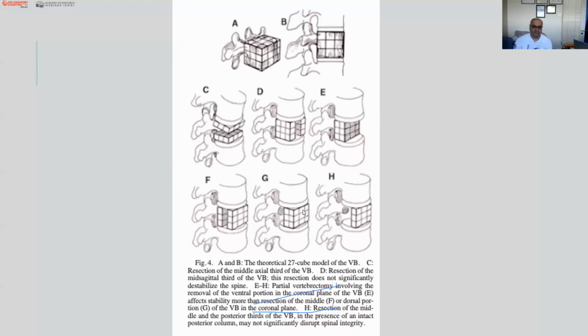If you leave some of these, figures G and H talk to you about separation surgery. That means if you leave the shell intact and you decancellize the bone from the posterior and middle part of the vertebral body and fix it from the back, then you probably still remain a stable construct there.